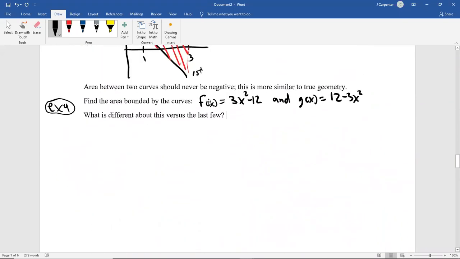Find the area between two curves. Well, wait a minute, Mr. Beckner forgot to give us the bounds. There's no bounds given. Well, how are we supposed to know how to integrate? How do we know what the a and b are supposed to be?